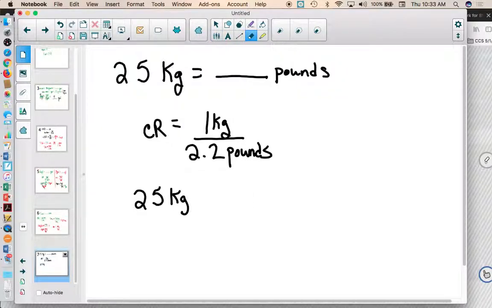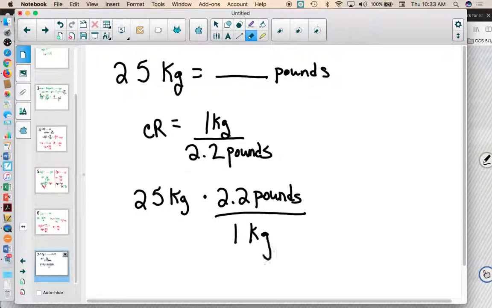I want pounds left, don't I? You see why I switched it around? Because I want that label of the kilograms to be able to cancel out.